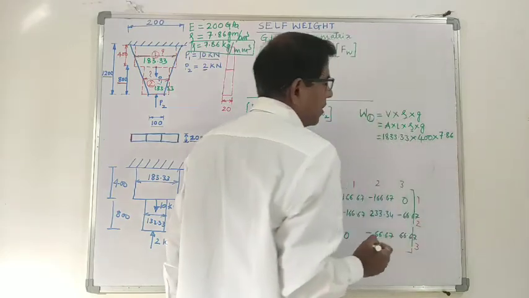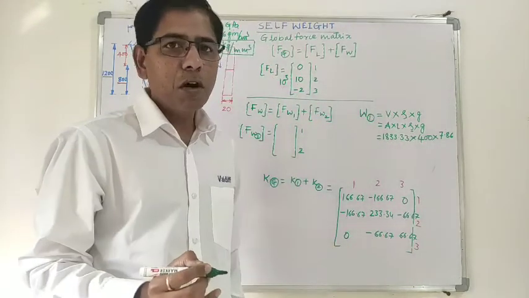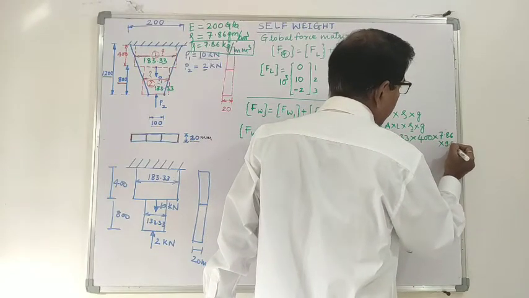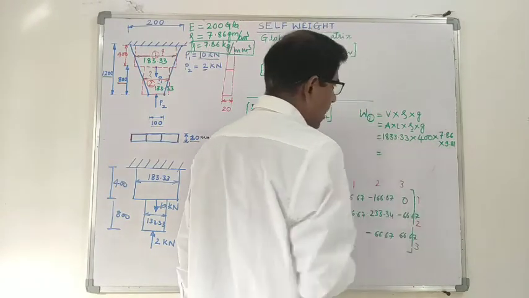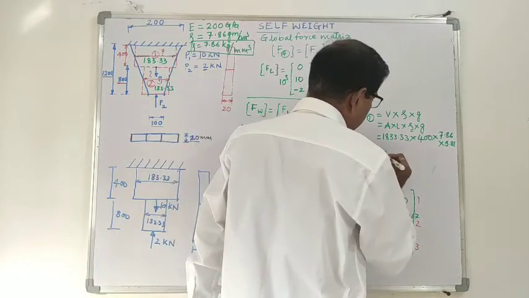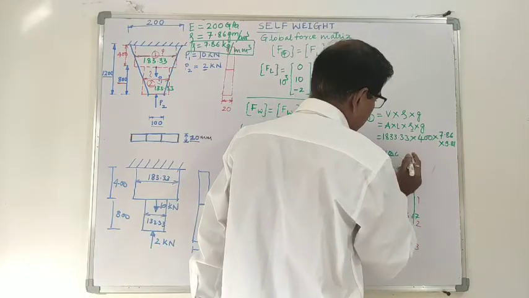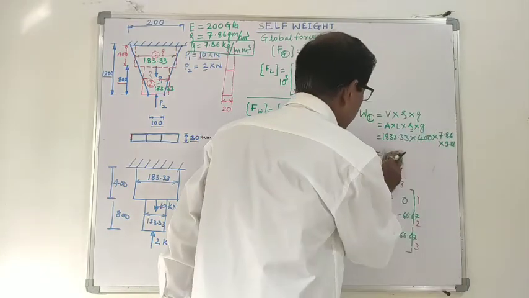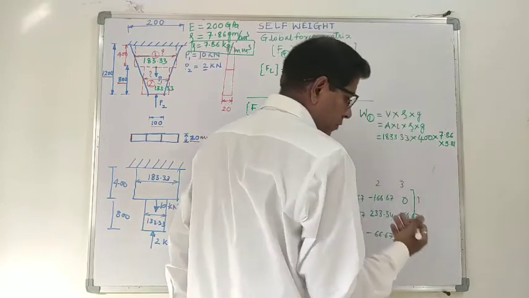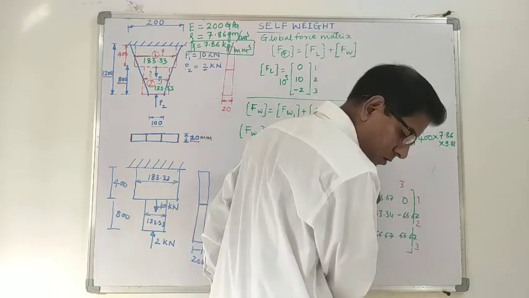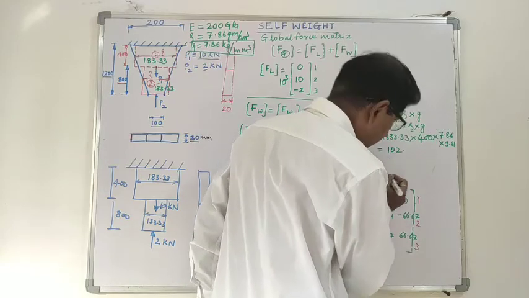So this is 7.86 kg per mm cube multiplied by 9.81. So this will give 102.81 Newton.